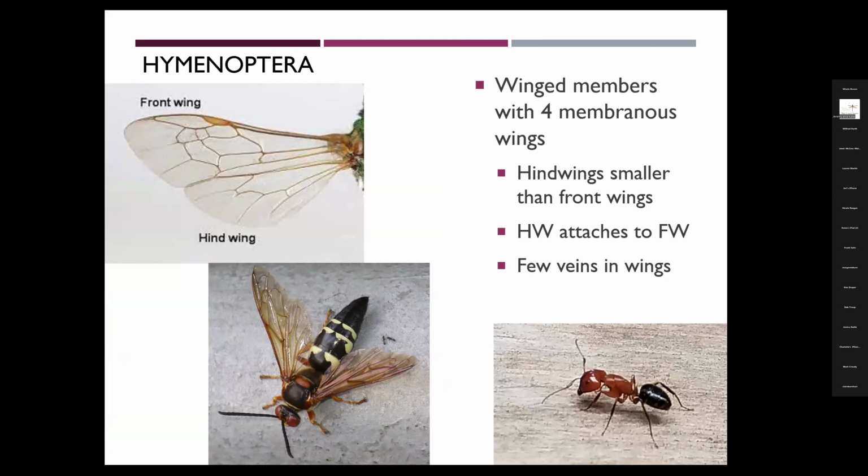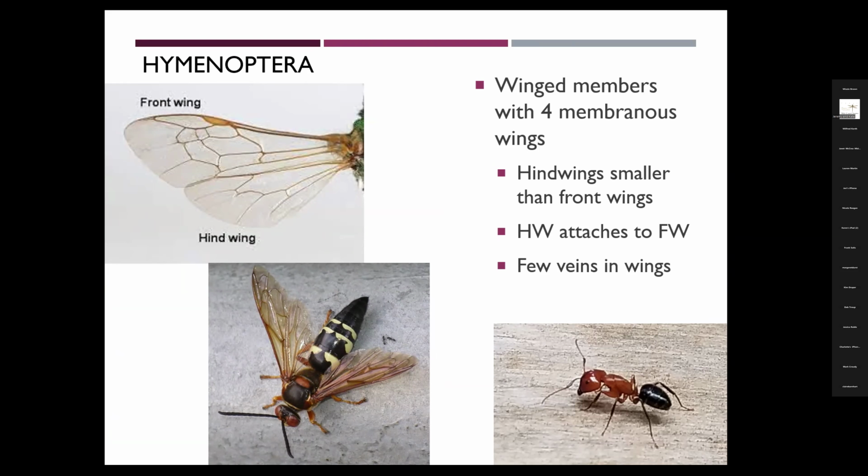The Hymenoptera are going to have four membranous wings. The front wing is going to be larger than the hind wing, and they often don't have a lot of venation in that wing. When you look closely at them, the wings can actually attach together. The hind wing will have a series of hooks on the leading edge of it.